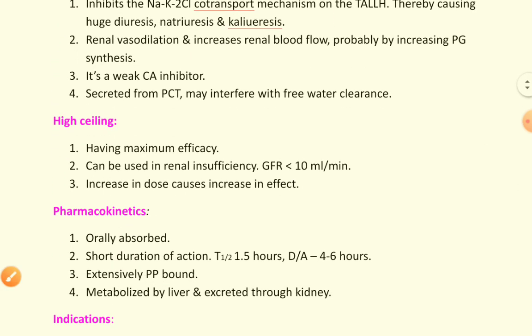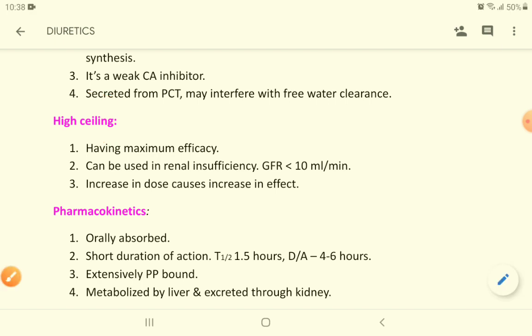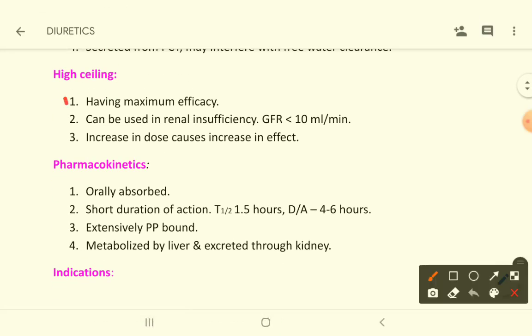Okay. Now, one important question here, that these drugs are called high ceiling diuretics. Why are loop diuretics called high ceiling diuretics? Because they have the maximum efficacy, can be used in renal insufficiency where the GFR is less than 10 ml per minute.